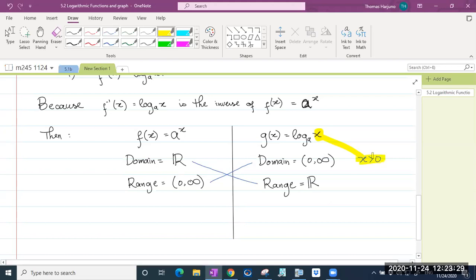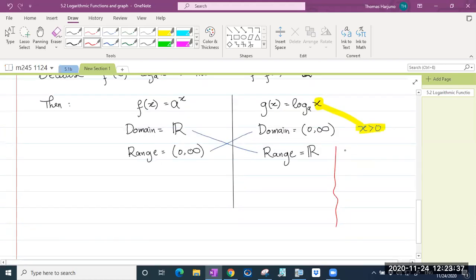Okay, now some side notes. I did ask this in my pre-calculus class, and some of them were really mad with me. Some were really happy. I asked them this kind of question.